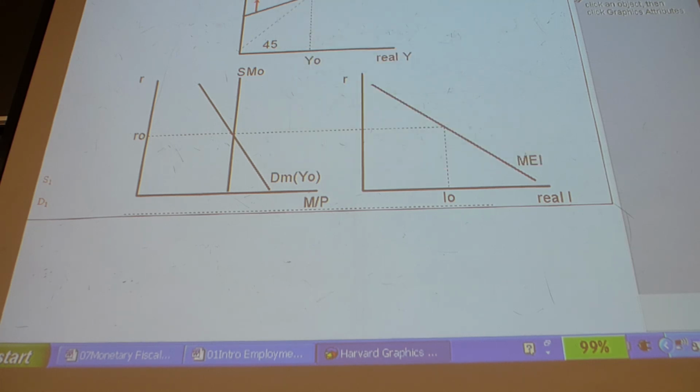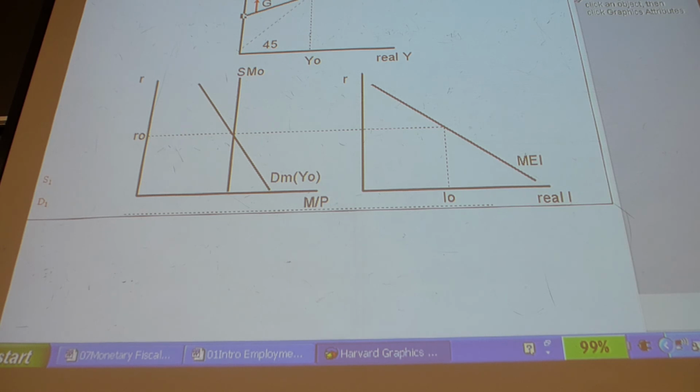This shift here is an increase in G. So G is going up. I'll put expansionary fiscal policy at the very top over here. Now we could cut taxes, by the way, but we wouldn't have quite as much multiplier. Agreed? Okay, so there's G.